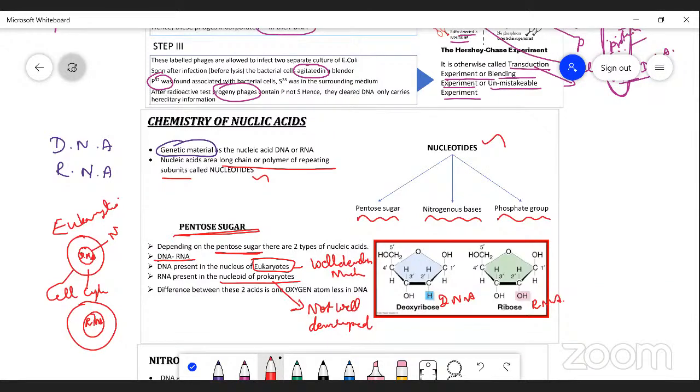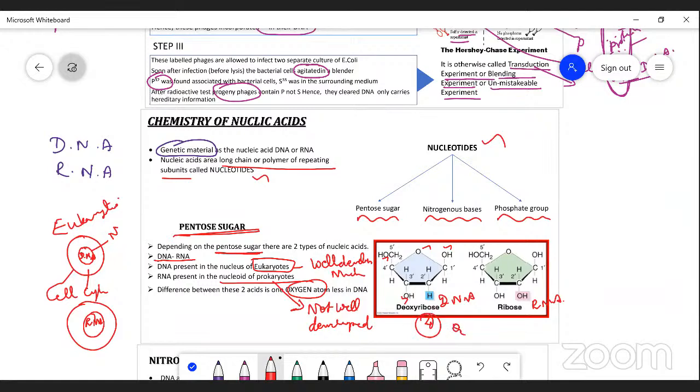So what is the difference between these two nucleic acids? Only one oxygen atom is less in the DNA. See, DNA sugar, how many oxygen atoms? 1, 2, 3, 4. The 4 oxygen atoms.